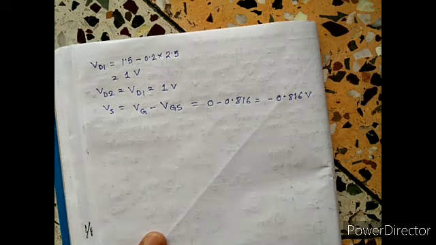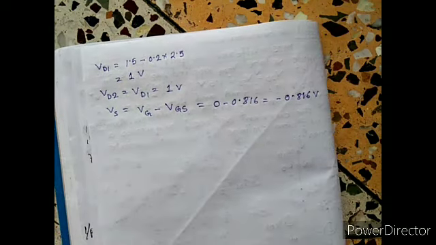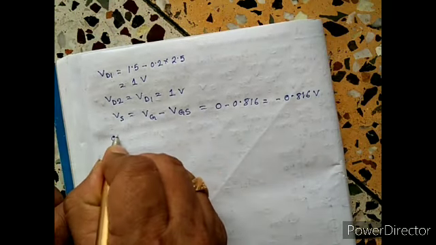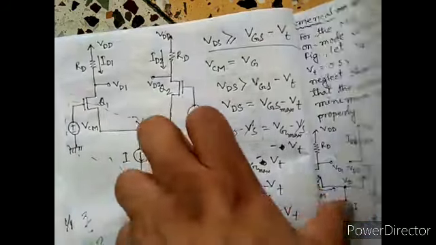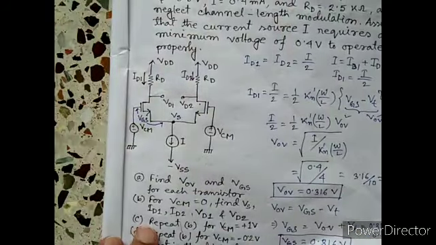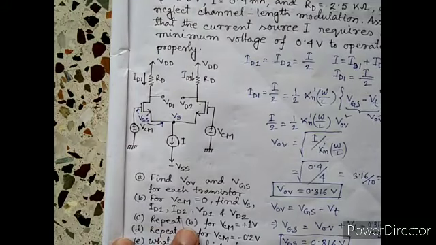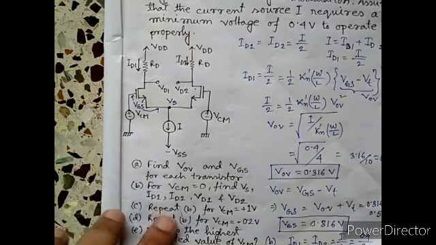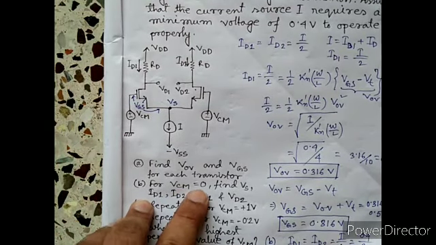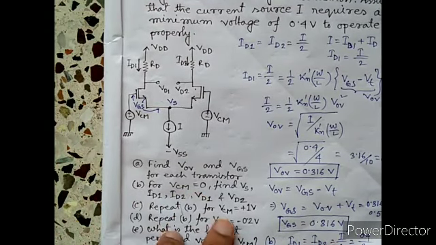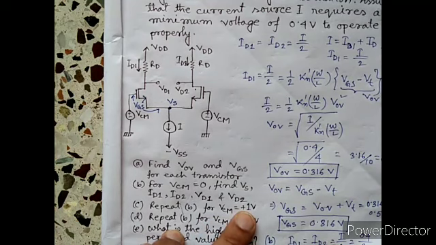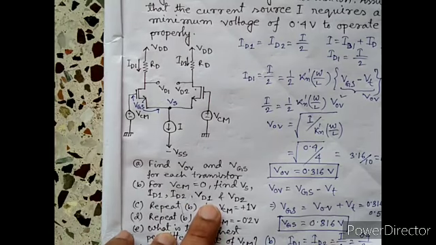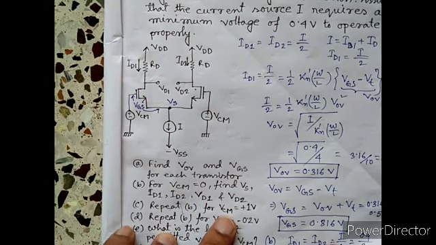Now next one, C. In C it has been said to repeat B for VCM equals 1 volt. Previously we took VCM as 0, and now we'll take VCM equals 1 and find out Vs, ID1, ID2, VD1 and VD2.